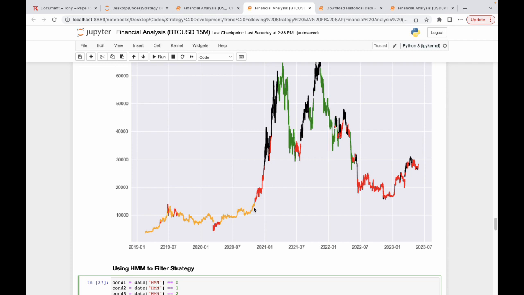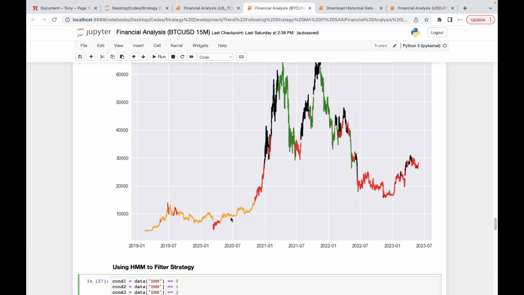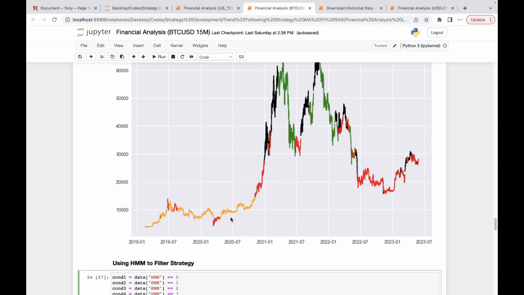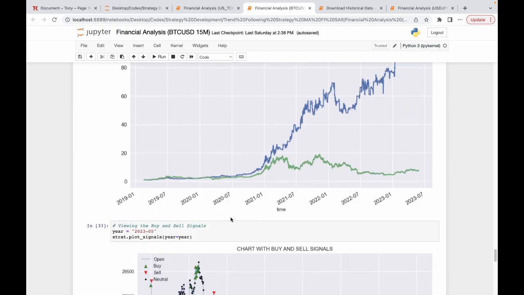Let's say condition 4 is likely more profitable than condition 1. So whenever we're in condition 4, you can likely increase your lot size. And whenever we're in condition 1, you can reduce your lot size. That way, your trading strategy is going to perform even better. Okay?